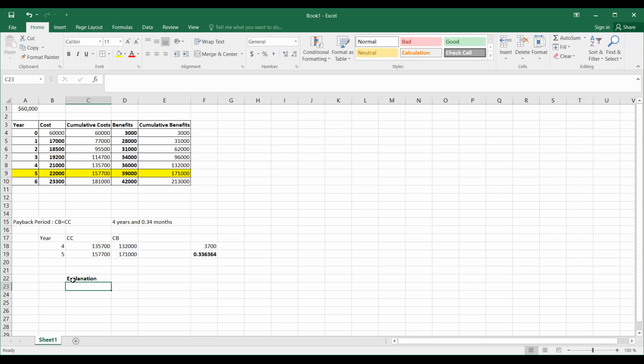So what I'm doing is I'm looking at year 4, and I'm also looking at the CC and the CB for the 4th year. So once I have that, what I do is I will minus the values, CB minus CC, that is for the 4th year.